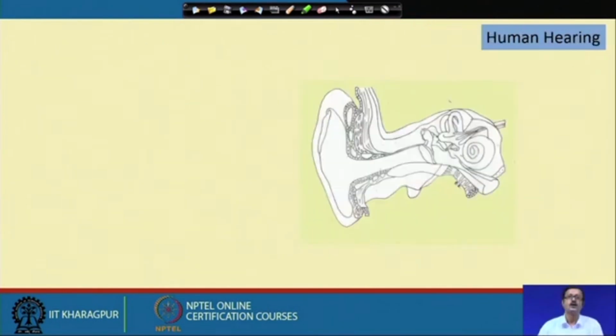Now let us see how we actually hear, human hearing. What you see on this board is the cross section of the human ear, which you must have seen in your school days in your biology book.